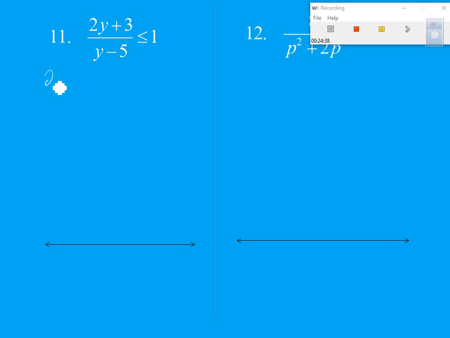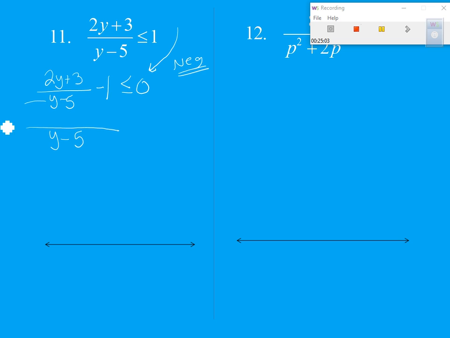I'm going to call this (2y plus 3) over (y minus 5), minus 1, is less than or equal to 0. Now, one thing I know, guys, as soon as I saw less than or equal to 0, we want the negative intervals. Now, my common denominator is going to be y minus 5, because the 1 just has a 1.